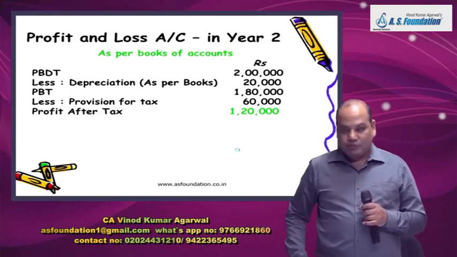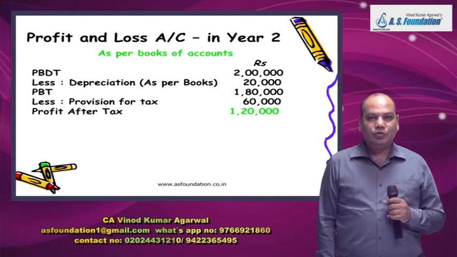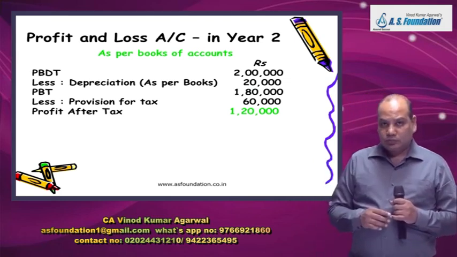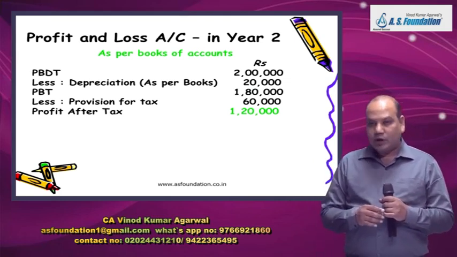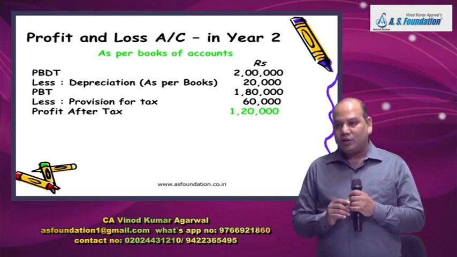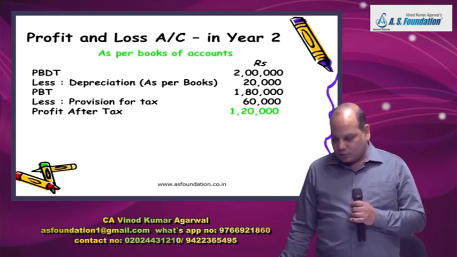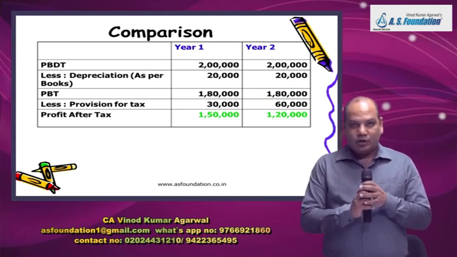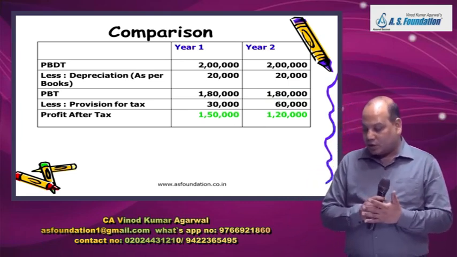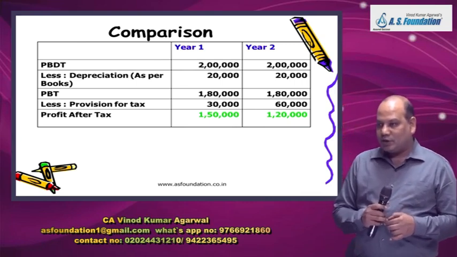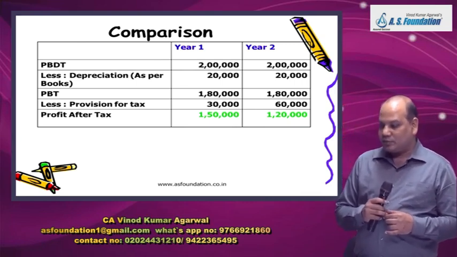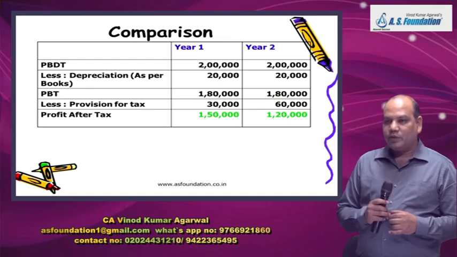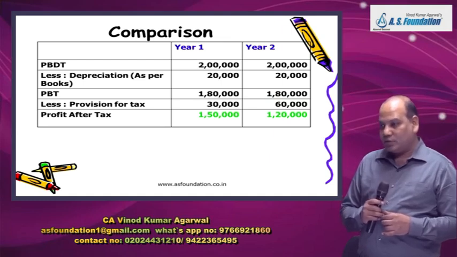So how will your profit and loss account of year 2 look? It will now show a profit after tax of 1,20,000. So then you will say, how does it matter? Now you look at the comparison chart and then you will realize how tax accounting matters in your profit after tax figure. First year is 1,50,000, second year is 1,20,000.